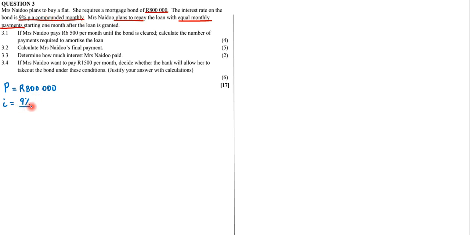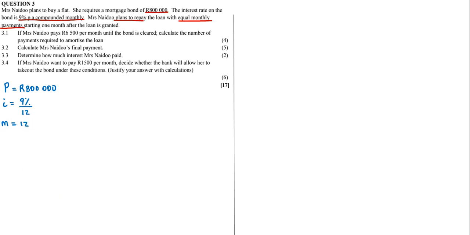This means monthly we're going to take this and divide it by 12, because per annum it is just 9%, but taken monthly we divide that by 12. I'm going to use M for the compound, and the compound here will be 12 to tell you that we're talking about monthly.